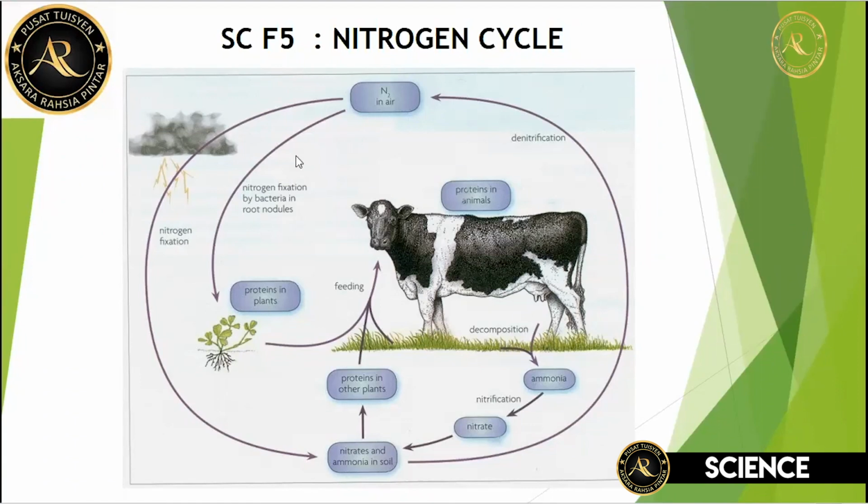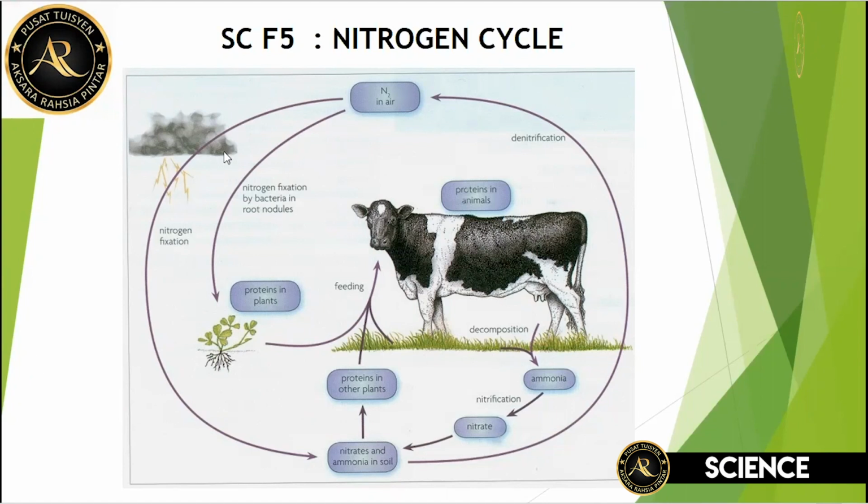One, nitrogen will be converted into nitrate with the help of nitrogen fixing bacteria. Through the process of nitrogen fixation, nitrogen is changed into nitrate, which will be absorbed by the plant. Once the plant absorbs the nitrate, they can use it to form protein, and the protein will then be used to form chlorophyll and all the other cells.